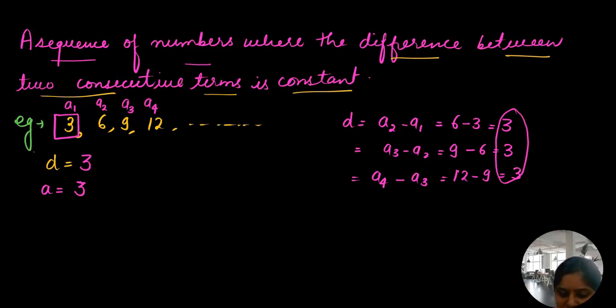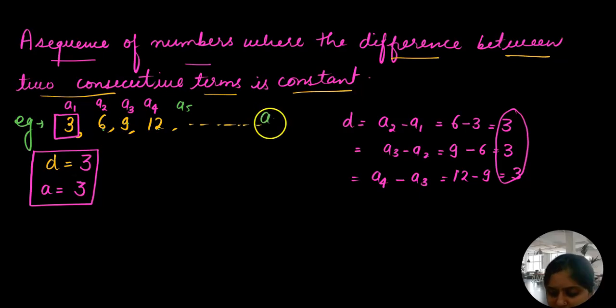These two terms are very important to find the nth term of any sequence. You already know that the first term is A1, second is A2, third is A3, fourth is A4, fifth would be A5 and so on. Can you tell me the nth term of this sequence? Yes, the nth term would be an.